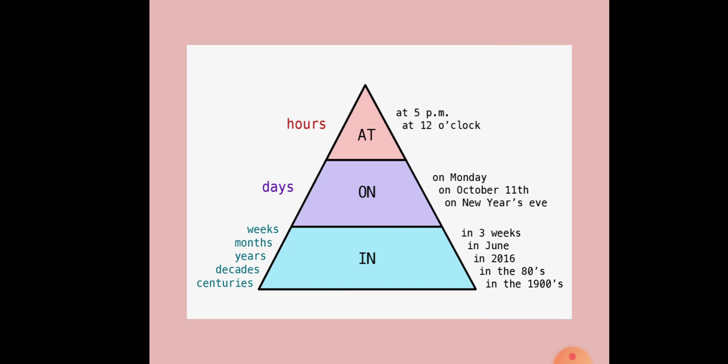And for weeks, months, years, decades and centuries we use the preposition in: in 3 weeks, in June, in 2016, in the 80s, and in the 1900s. Alright, let's move on.